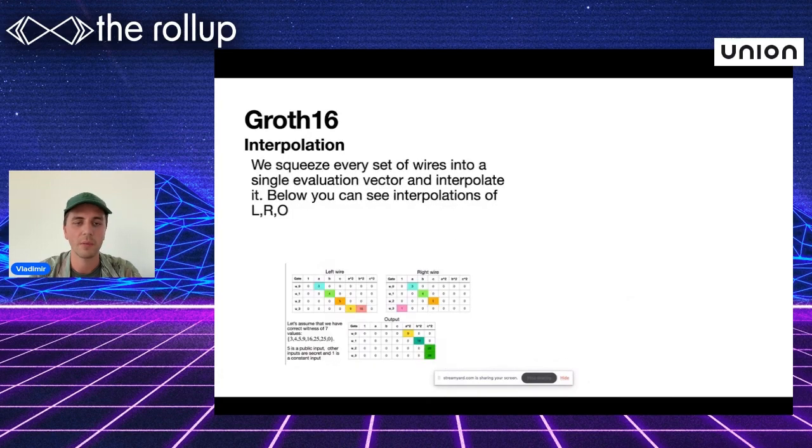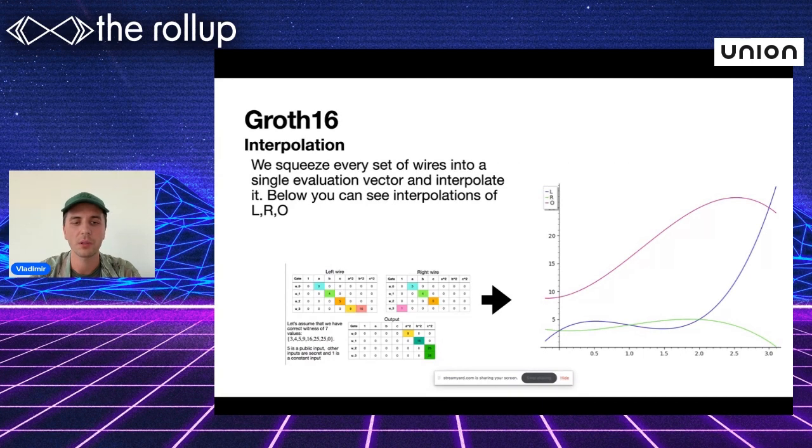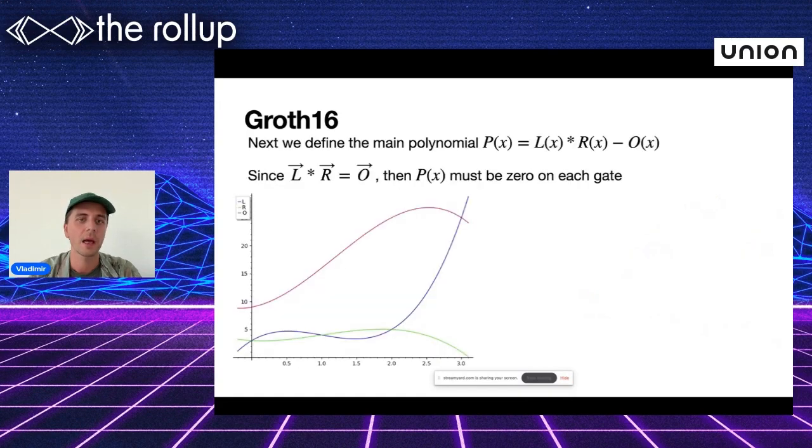So let's recap once more. We had these three tables. We squeezed them to make three vectors, and we created three polynomials that have the same relations as before. Next, we define our main polynomial P, which is the result of subtraction between multiplication of left and right wire and the output.